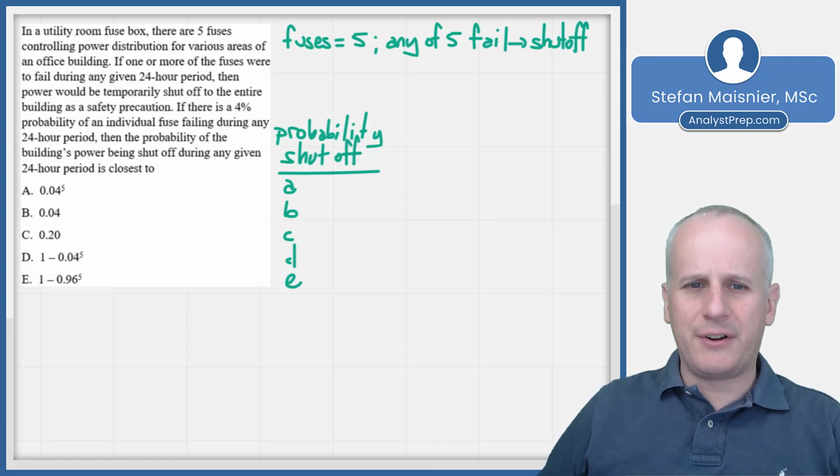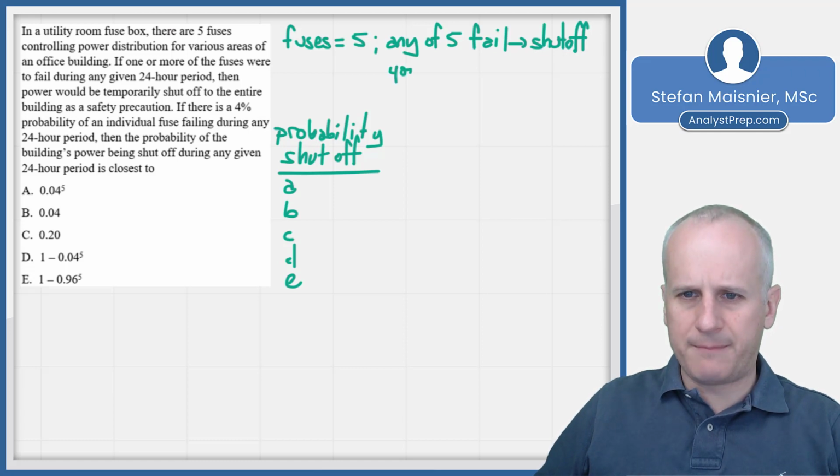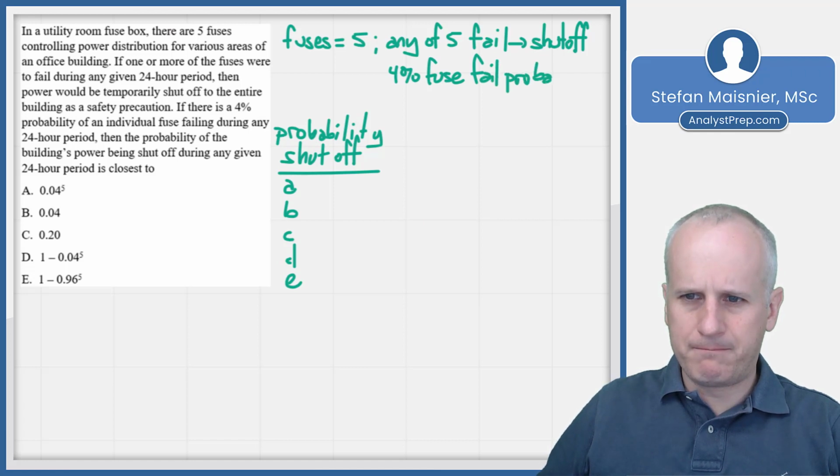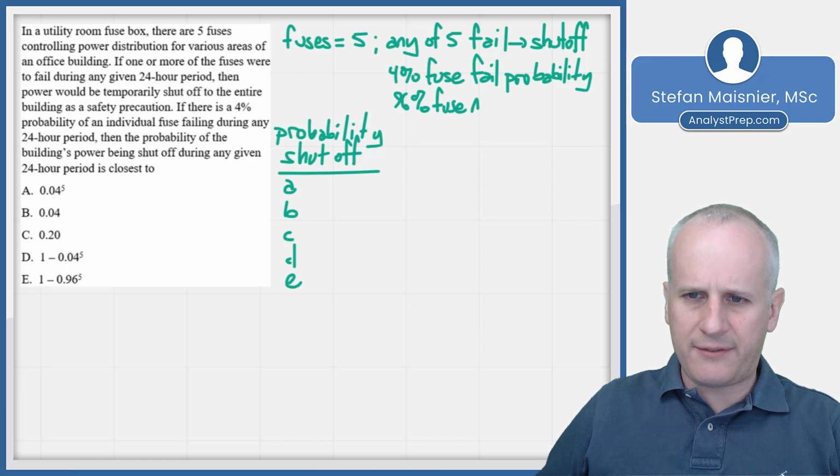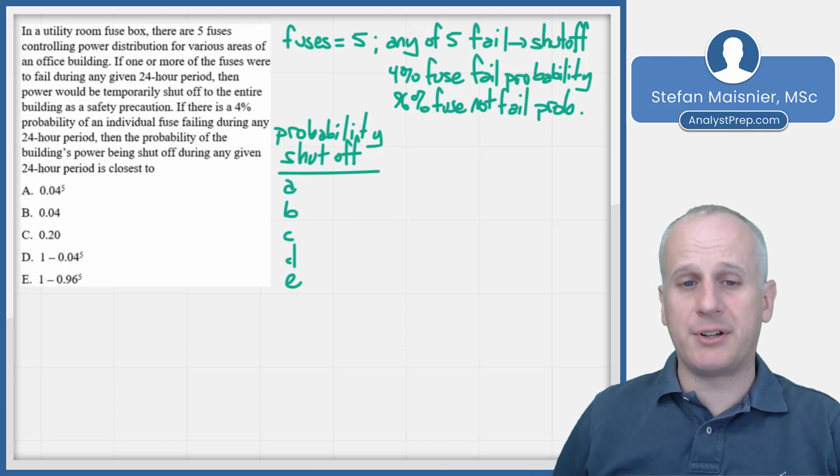And we learn there's a 4% probability of an individual fuse failing, so 4% is our fuse fail probability. That means that there's a 96% fuse not fail probability because those are the only two options.